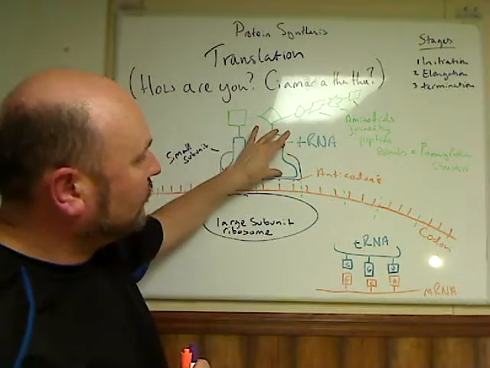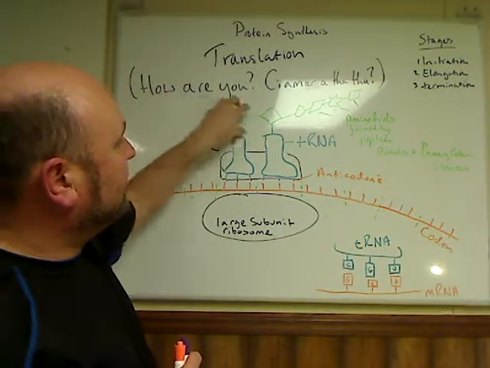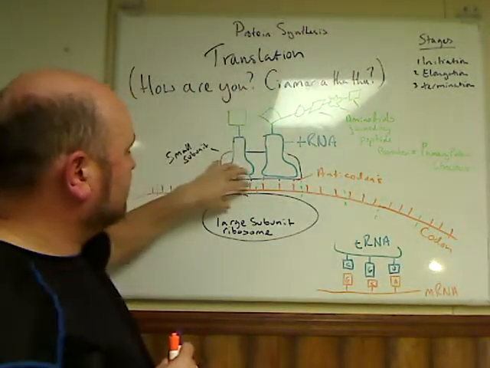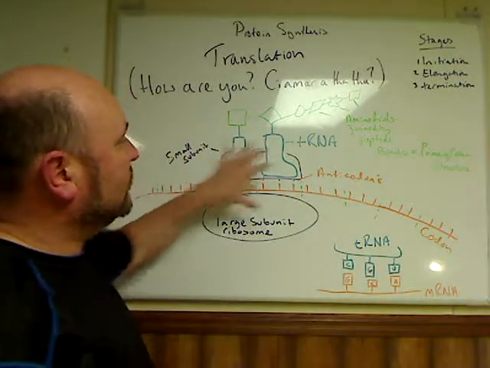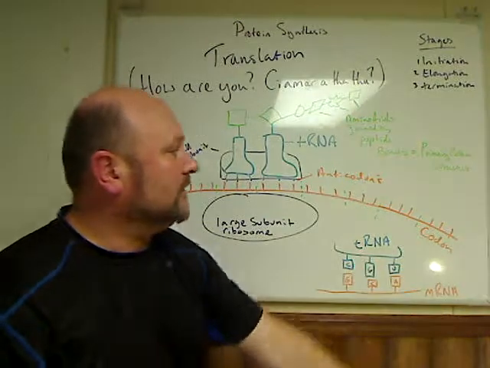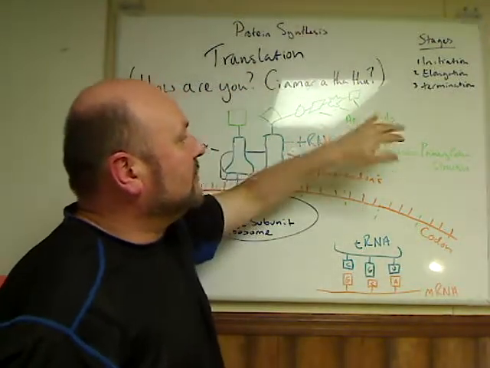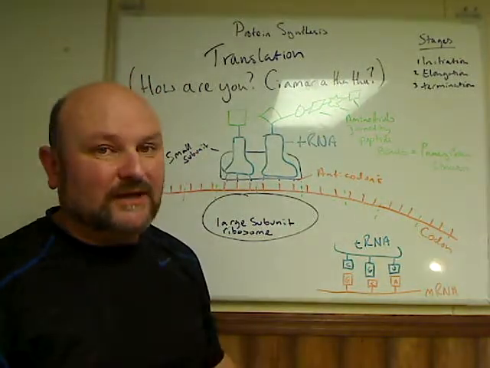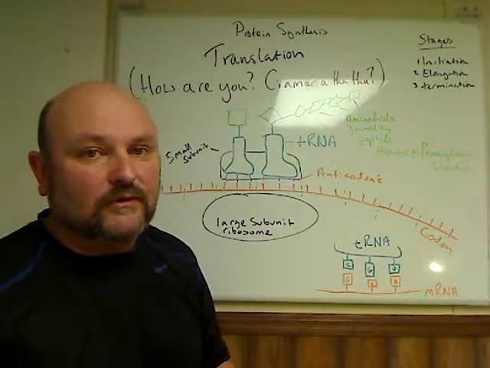This one will move over to this position, and the new tRNA will come in, and then they will be bonded as it moves along until it hits a termination sequence, and then this all breaks off. Messenger RNA is finished, tRNAs break away, and then the polypeptide, which is all of these amino acids joined by peptide bonds, breaks away and is now a primary protein.